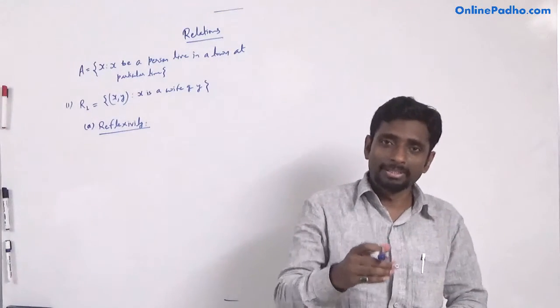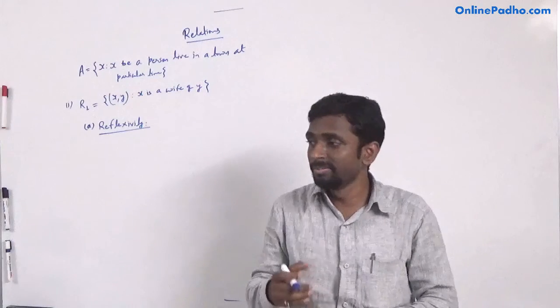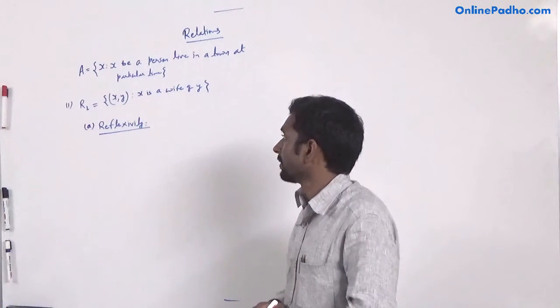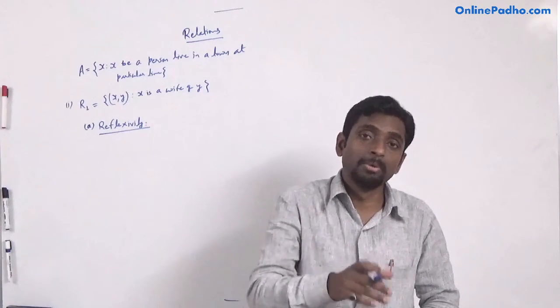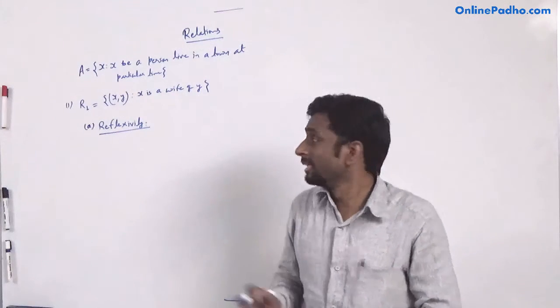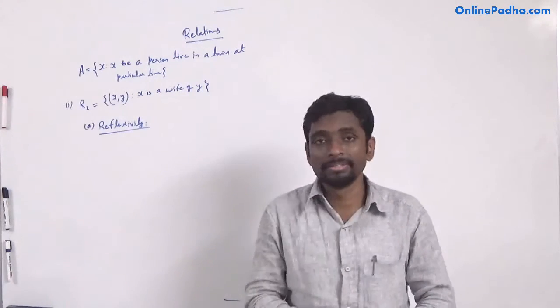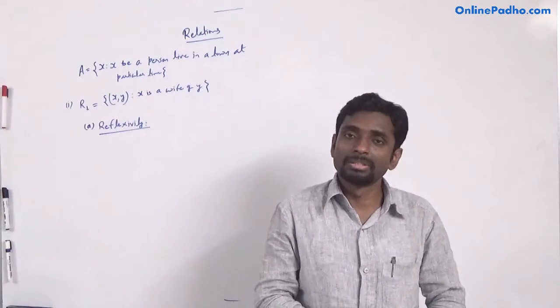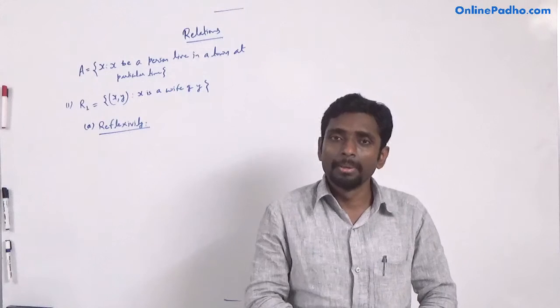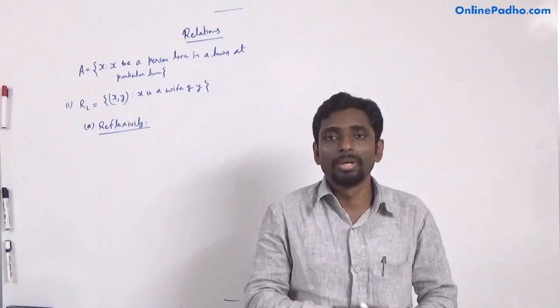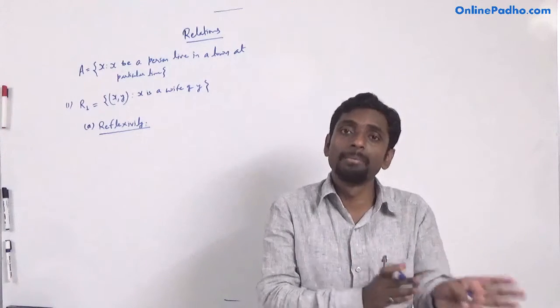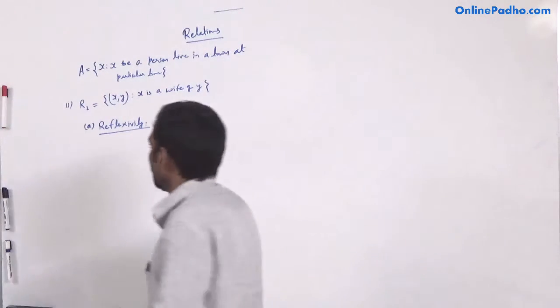if a person lives in a town, let us say that person is A, then (A, A) must belong to the relation. The relation is: X is the wife of Y. So this does not satisfy the reflexive condition. Why? Because X is not a wife of itself.